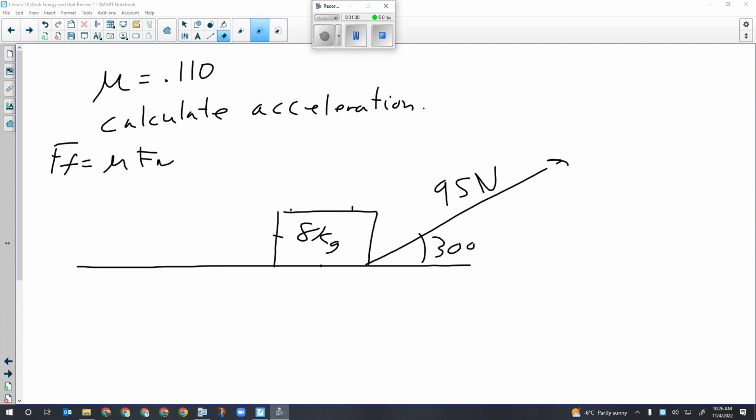Okay, I realize that probably nobody's done this one, but the trick on this one that people miss is that, yes, there's a force of gravity acting down here, but your normal force and gravity are not equal because there's a vertical component to that pulling force that is taking some of the weight away.